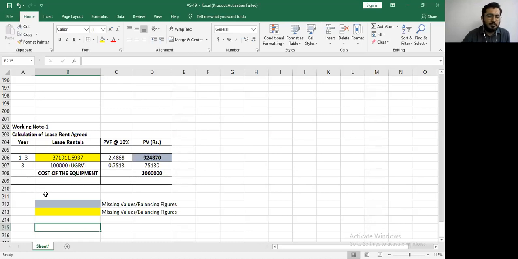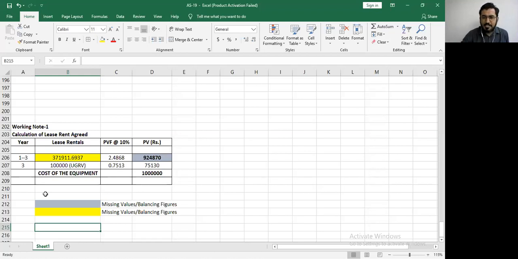You will just substitute the values given to you. If your present value factor is at 10%, you take 2.4868. In the third place, where I've taken unguaranteed residual value, remember I have not yet decided that this is a finance lease, so I will have to include this in order to find out.